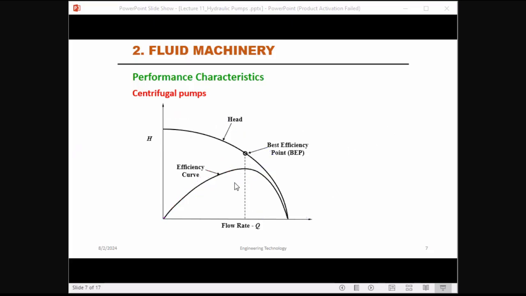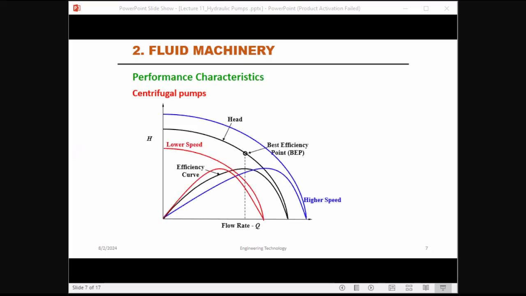So understanding these curves, according to these curves, you can select the right pump for your specific applications. Then you can select the best pump according to maximum efficiency, using the efficiency curve.